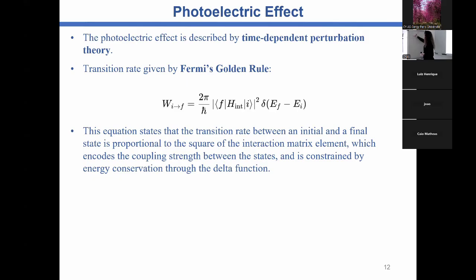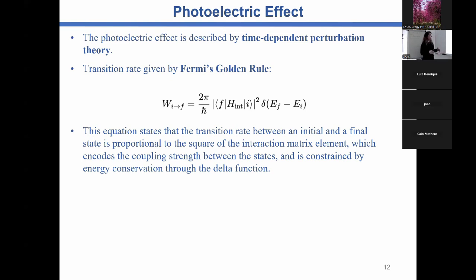So here, for example, one electron interacts with the light. The electron absorbs this light and goes to the final state here. This transition can be predicted using this equation.